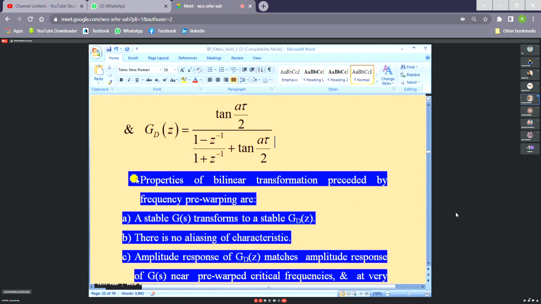Amplitude response of Gd(Z) matches amplitude response of G(s) at very low frequencies, plus now near pre-warped critical frequencies. So that's the merit of using bilinear, the frequency pre-warping.